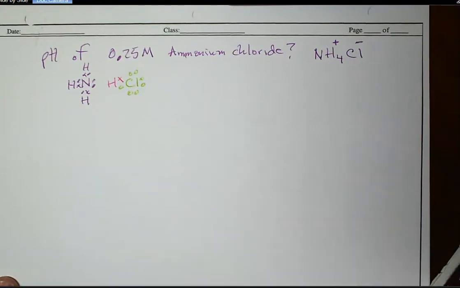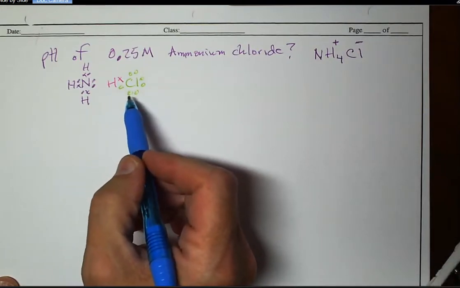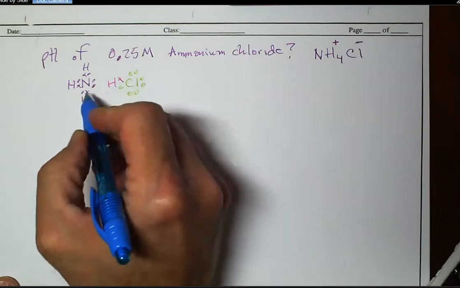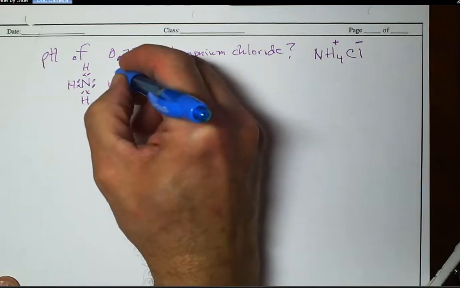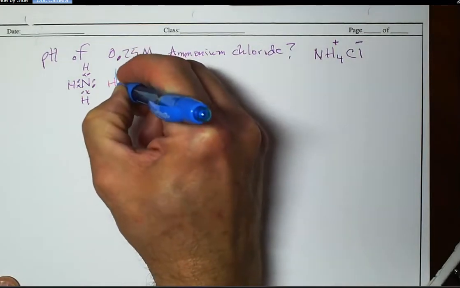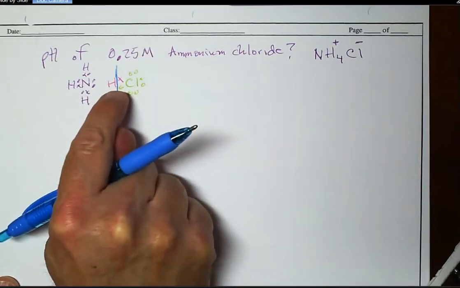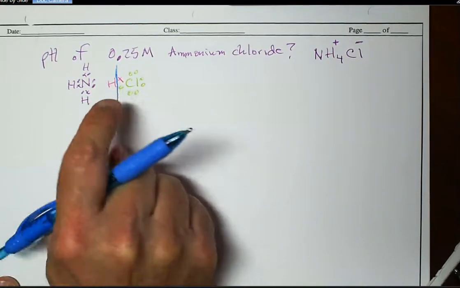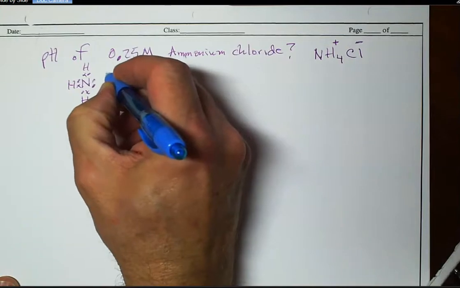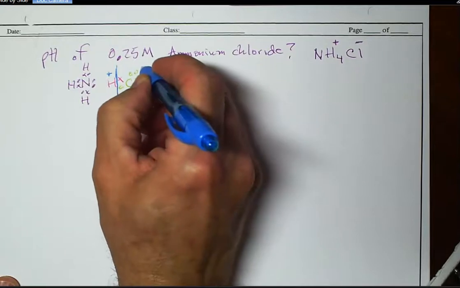And what's going to happen, I think you know, is this is going to be the acid, so it's going to donate the proton, and ammonia is going to serve as the base and accept the proton. So the hydrogen is going to break loose from the chlorine. In other words, this hydrogen chloride molecule with a covalent bond is going to separate into two ions, a hydrogen ion with a positive charge, which we also call a proton, and a chloride ion.